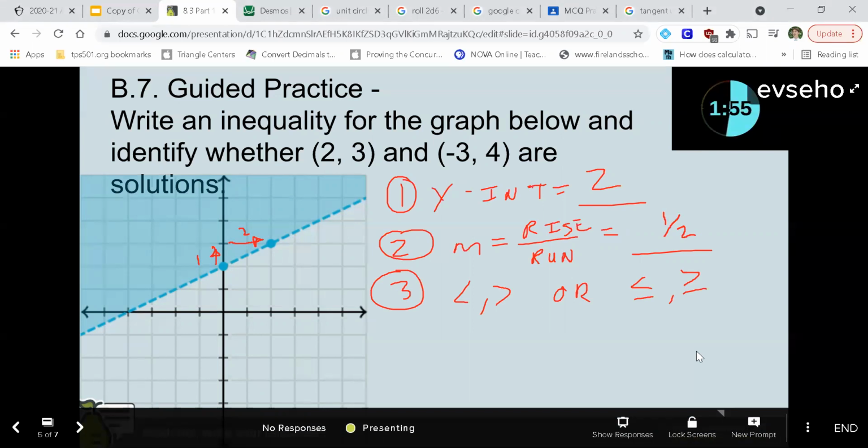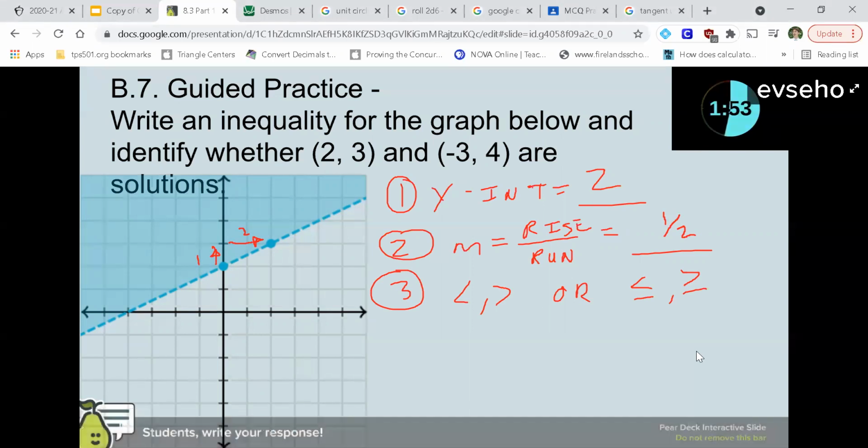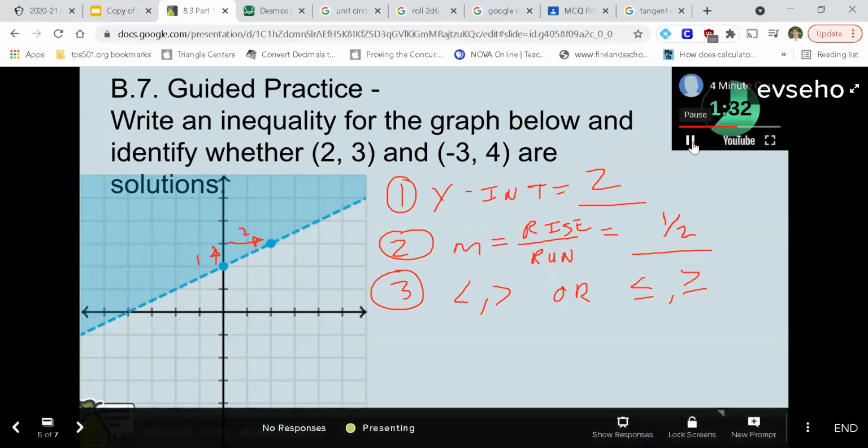Pick your choice. All right, what do we think? Do we put the equals-to line under it?